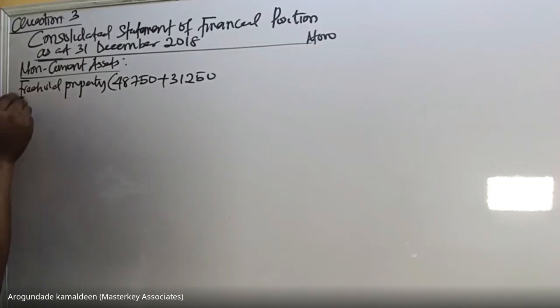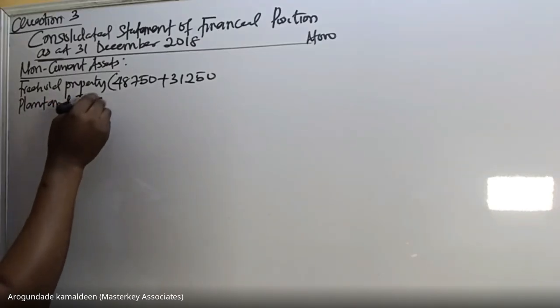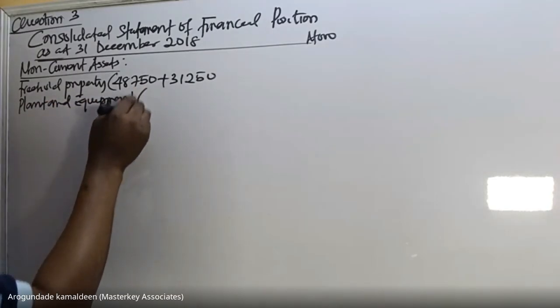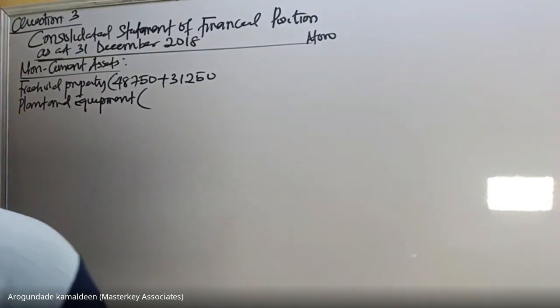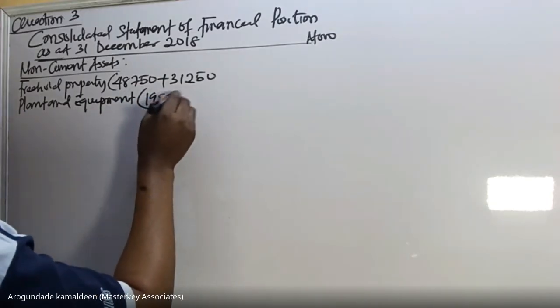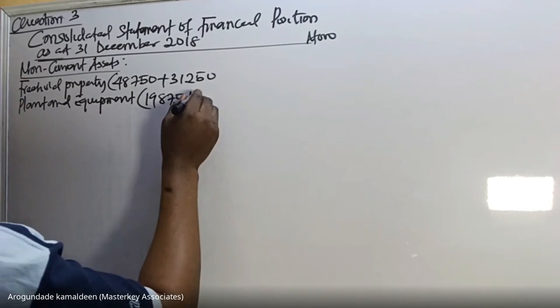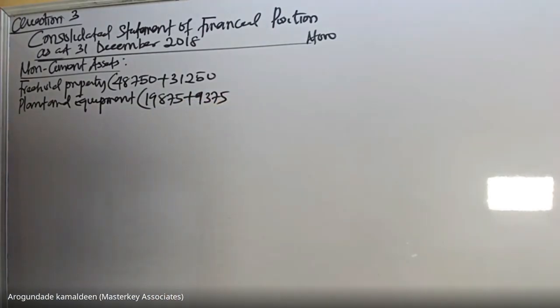The plant and equipment. I told you, you are not going to touch anything from the associate, plus 9,375. Also, the investment, like I've always told us, you are not going to touch the investment.